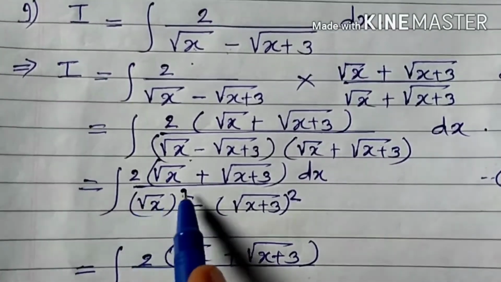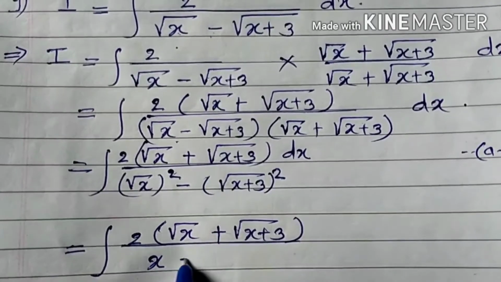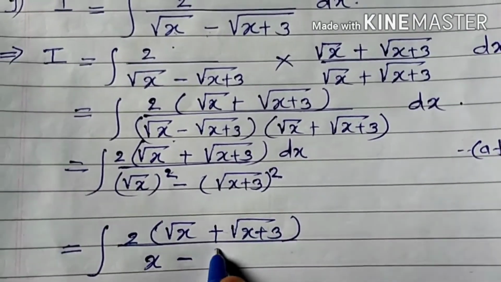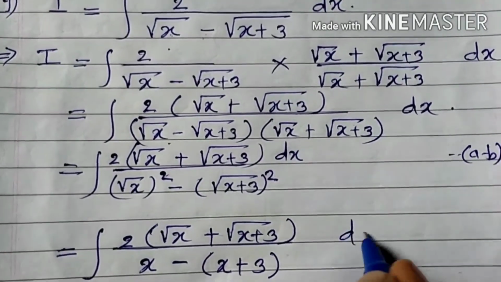Now the square and square root get cancelled, so only x remains here. This is a minus sign, and here also square and square root cancel. Use here the bracket (x plus 3) into dx.